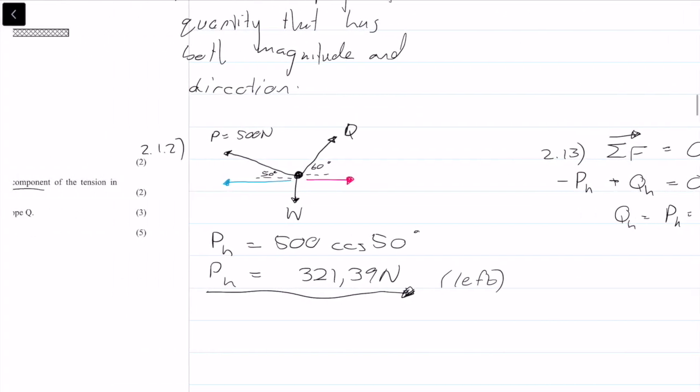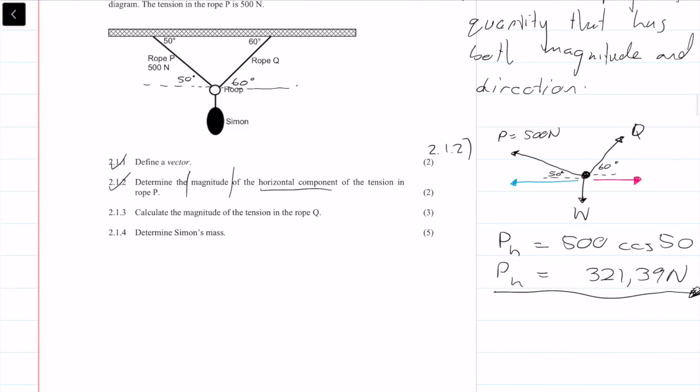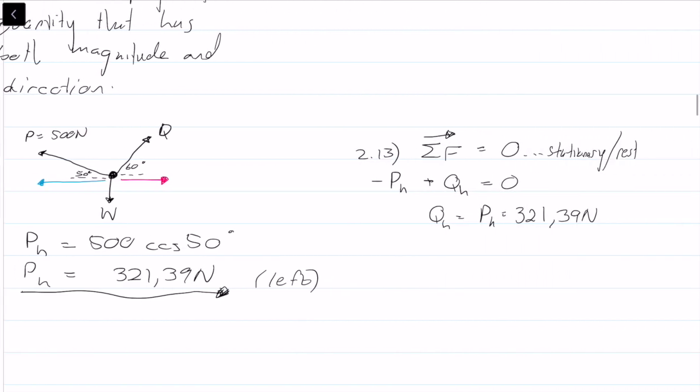But what do we actually want? We want the magnitude of the tension in rope Q. So we're looking for Q. To find Q, we can say that Q horizontal is equal to Q cos of 60, which is equal to 321.39.